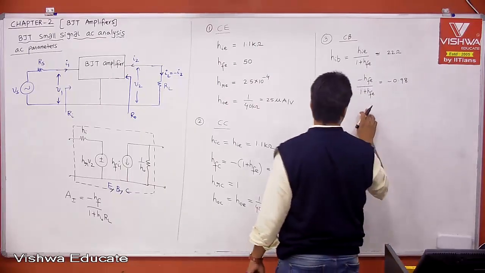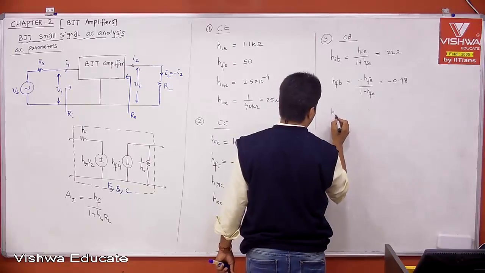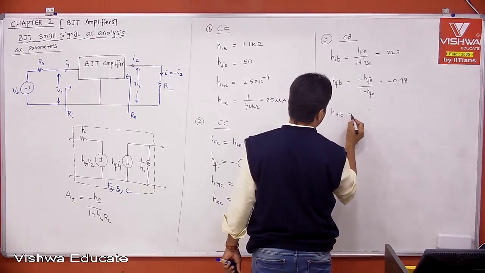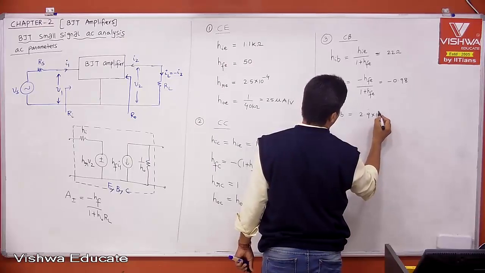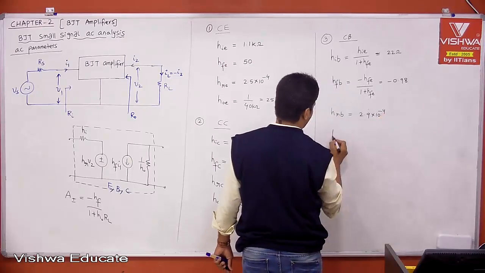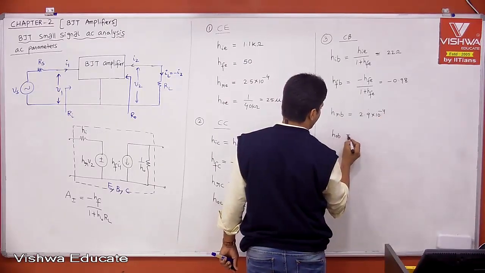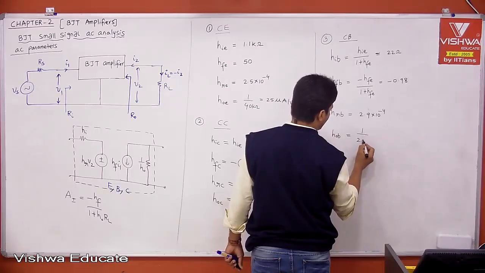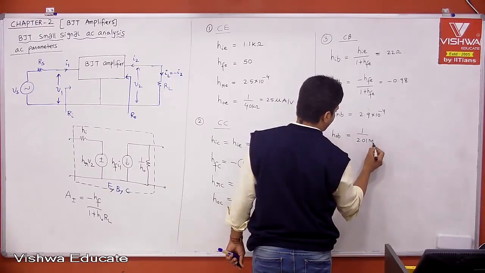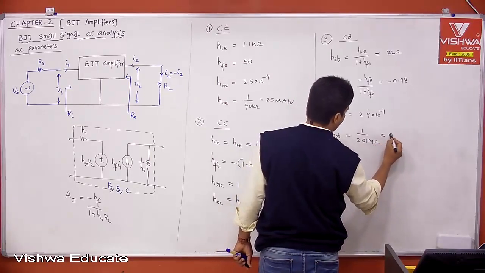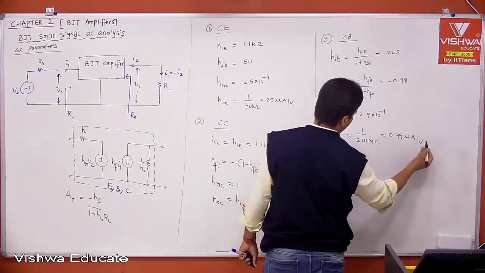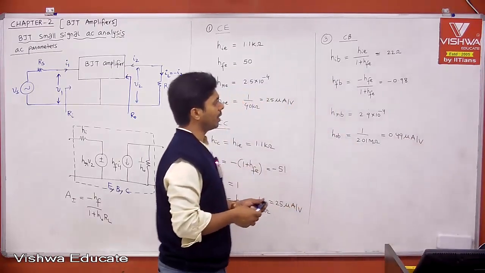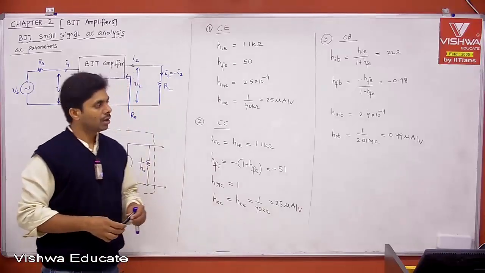HRB is, I'm giving directly, 2.9 into 10 to the power of minus 4, and HOB is equal to 1 by 2.01 mega ohm, which is 0.49 microampere per volt, approximately 0.5 microampere per volt.